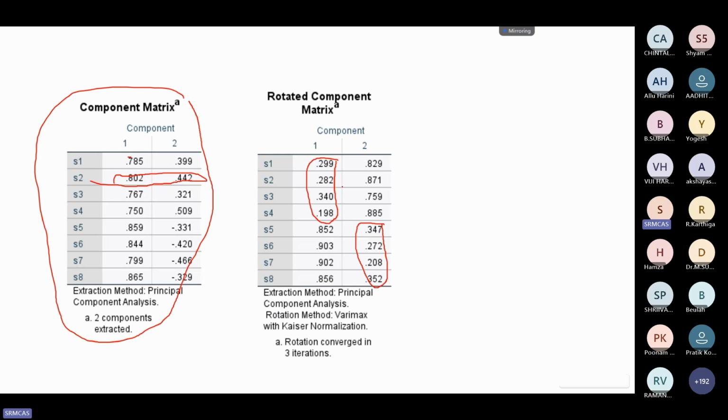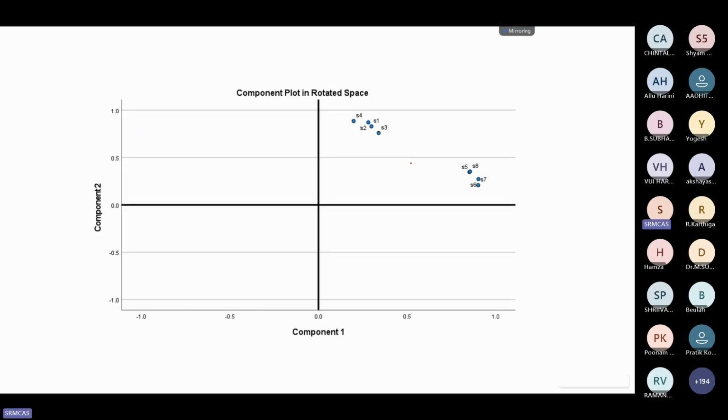So after rotating, we can easily group variables s1 to s4 under factor 1, and variables s5 to s6 under factor 2. So these variables are represented by factor 1, and these variables are represented by factor 2. This is just a visualization of how variables are grouped into two different factors after rotation.